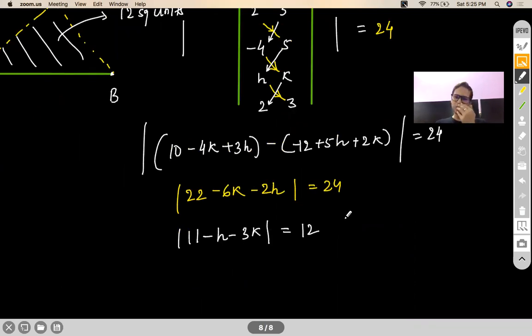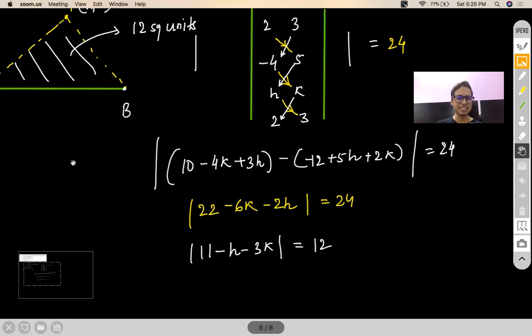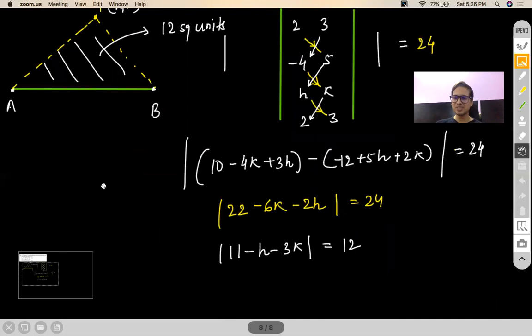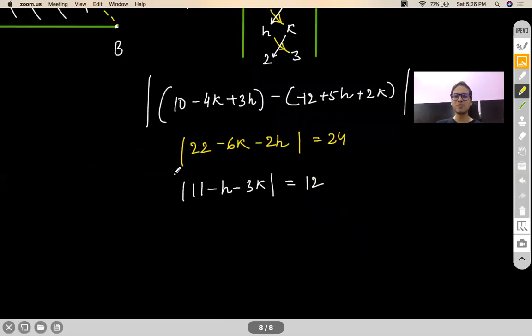Now, of course, this is not given to me in the options. The options don't talk about any mod, right? So probably they have squared both sides. That's why x square, y square and xy terms are coming up. That's why I said take a clue from the options. So square both sides.